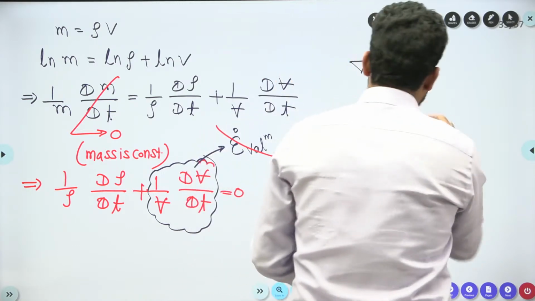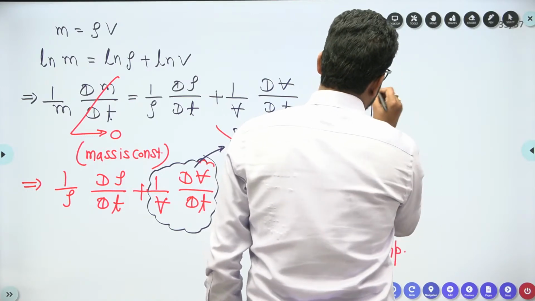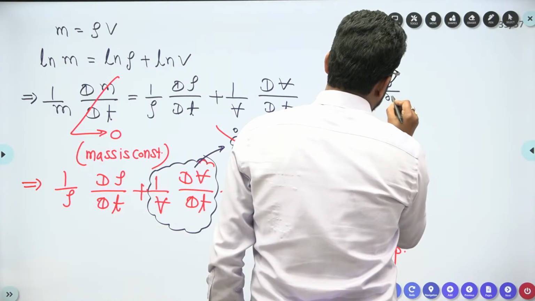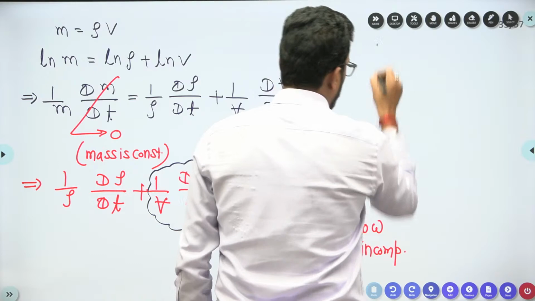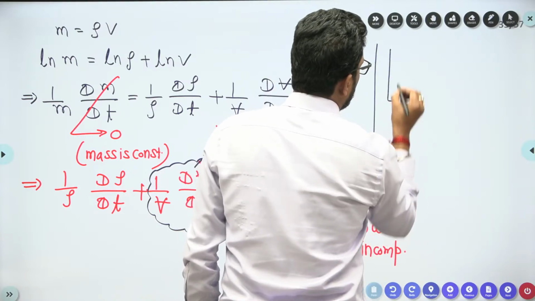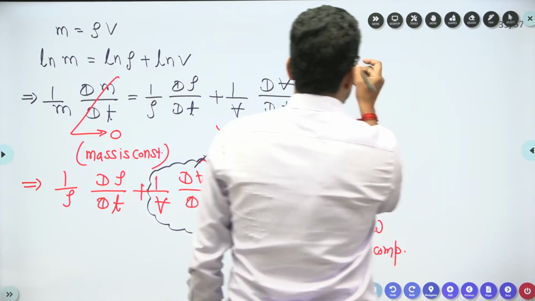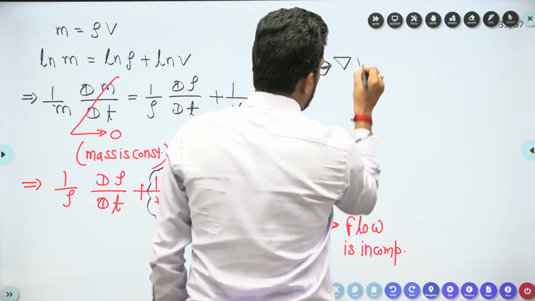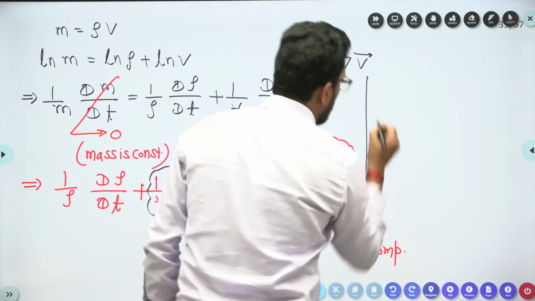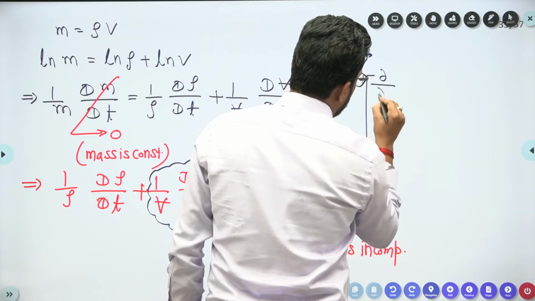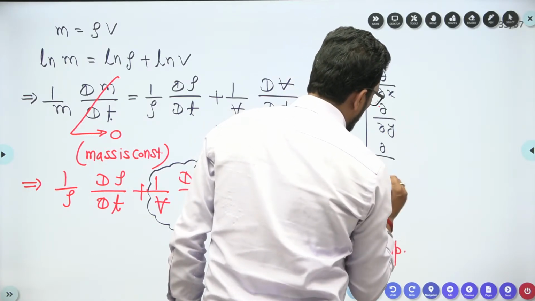This is a scalar quantity. Del is d by dx, d by dy, d by dz.